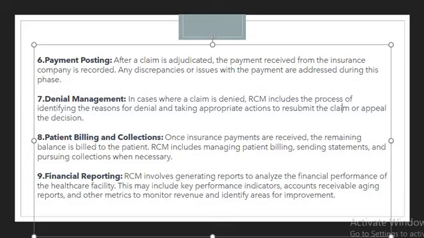So what RCM will do is identify the reason first, because the reason is very necessary before resubmitting or appealing the decision. Then appropriate action is taken, either resubmission of the claim or appealing the decision.